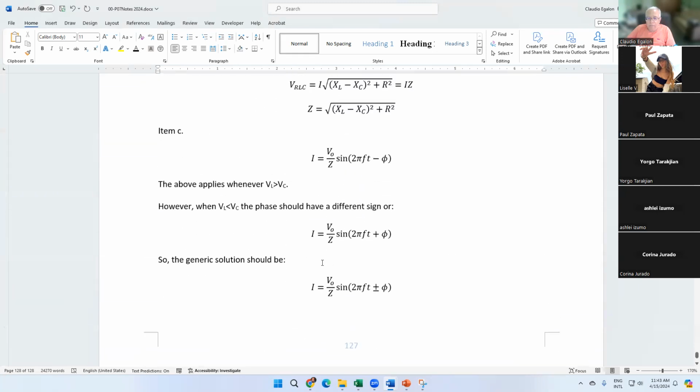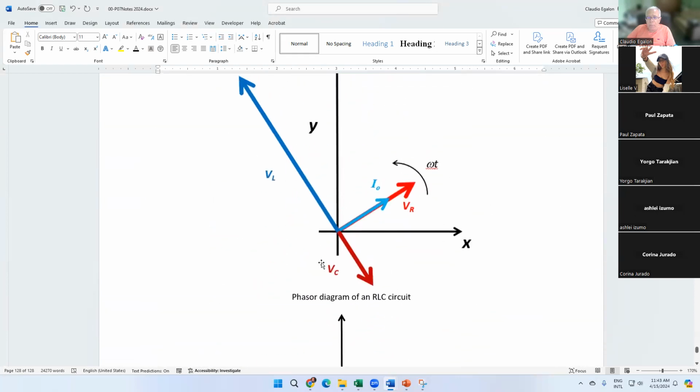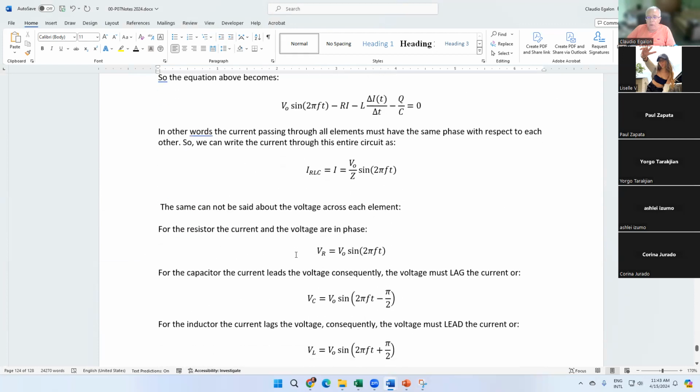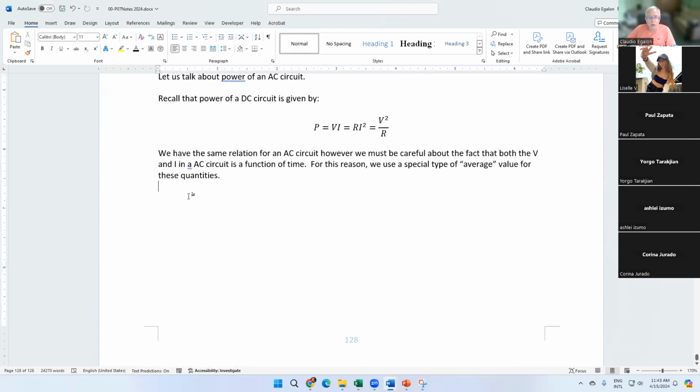Recall the voltage of my generator, right? Let's get the voltage of my generator here. Starting with the voltage of the generator.